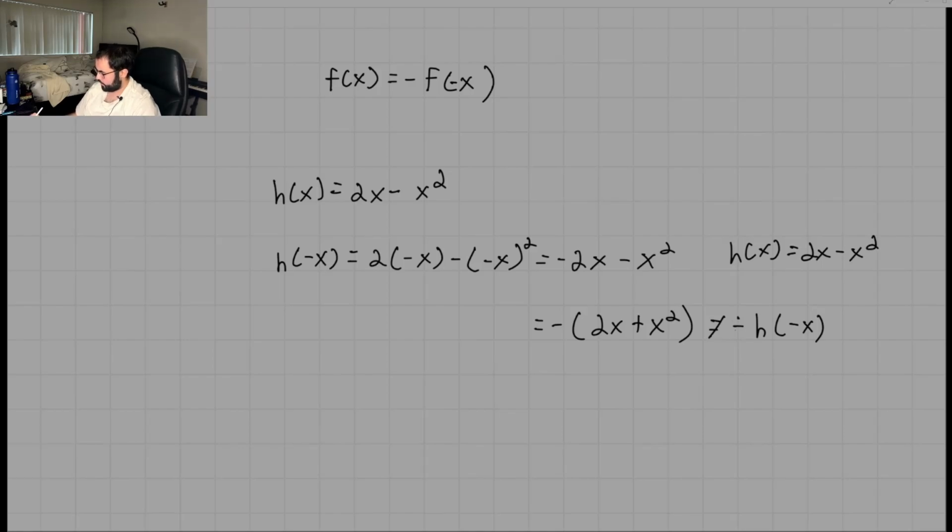Here we have the negative. So if this function was odd, this term would have to be equal to this term. But it's not. Here we have a positive x squared. Here we have a negative x squared. So in that case, we know it's not even and we know it's not odd. So this function, h of x, is neither odd nor even.